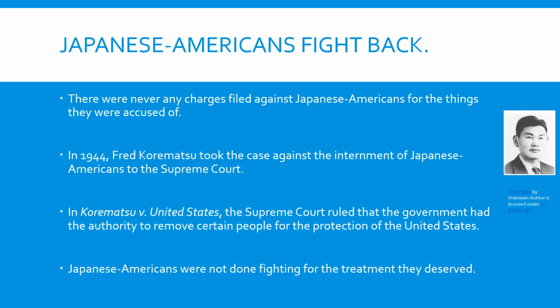Unfortunately, the Supreme Court ruled that the government had the authority to remove certain people for the protection of the United States. But Japanese Americans were not going to be done fighting for the treatment that they felt they deserved. And actually, later on in his life, Fred Korematsu was given the Presidential Medal of Freedom for his actions to protect Japanese American rights.